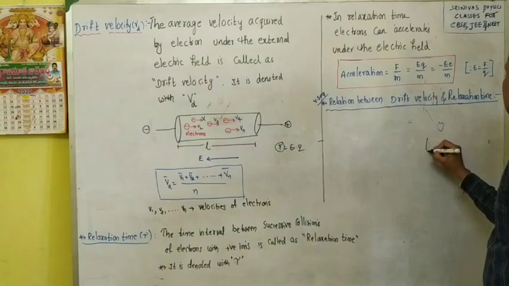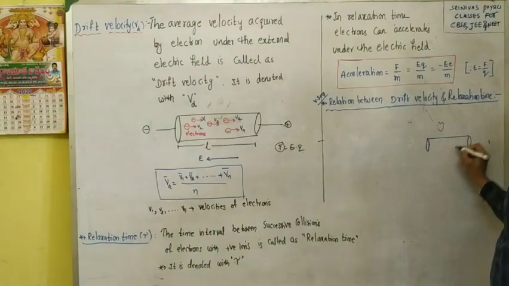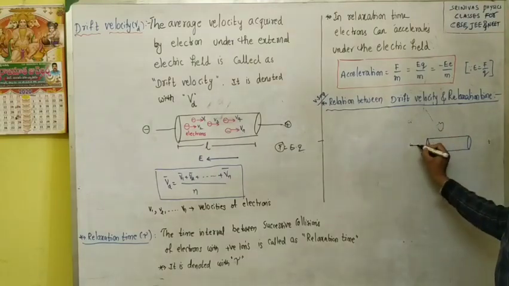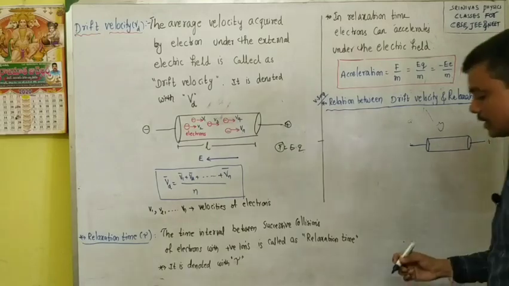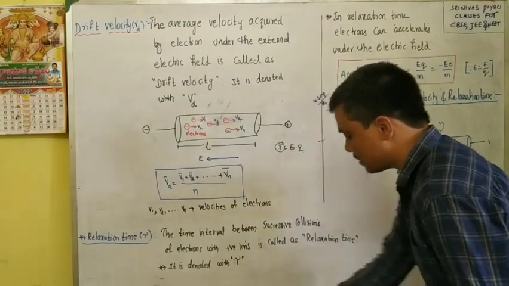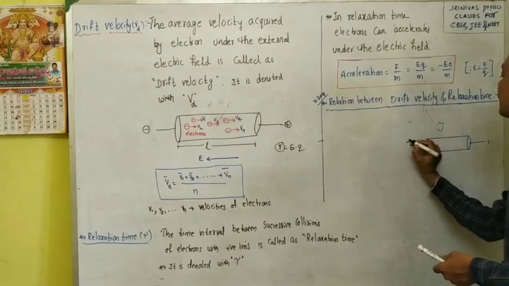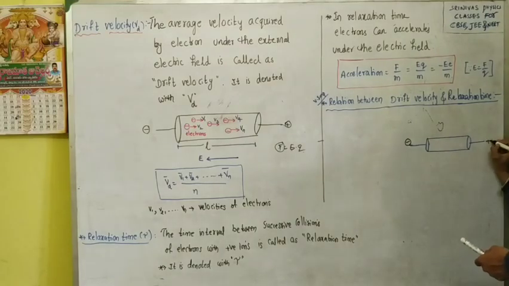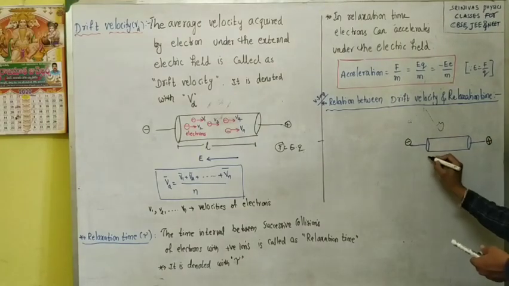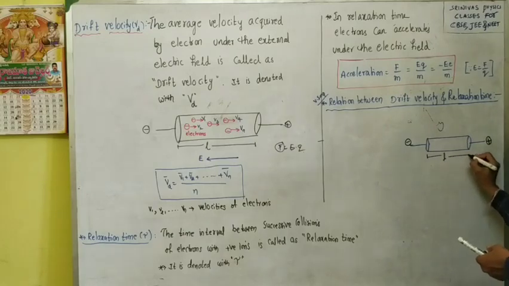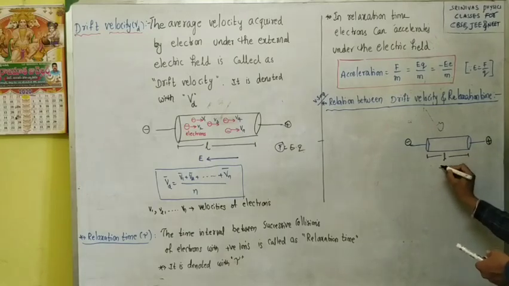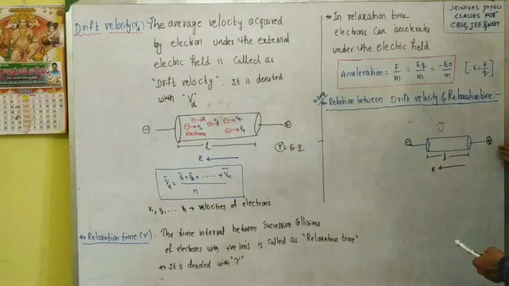For that, let us take this is a conductor. Now one side I am connecting to the negative terminal of a battery, and the other side to the positive terminal of the battery. The length of the wire is considered as L, and the electric field is from positive to negative, that means this side.